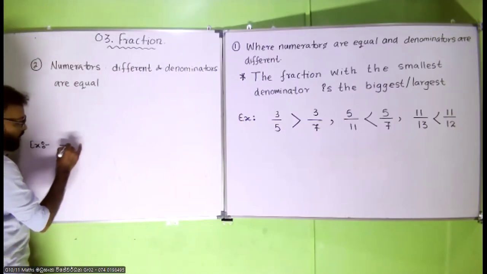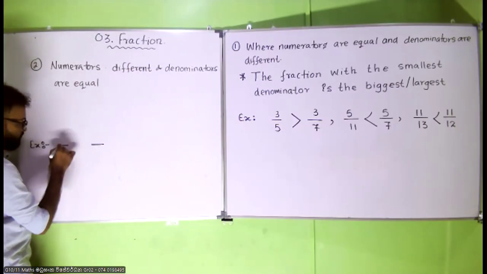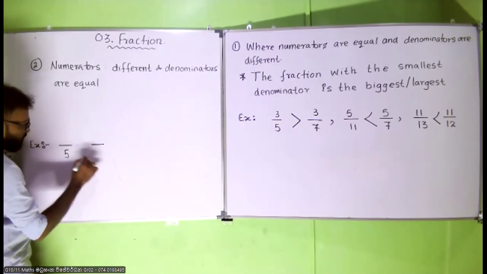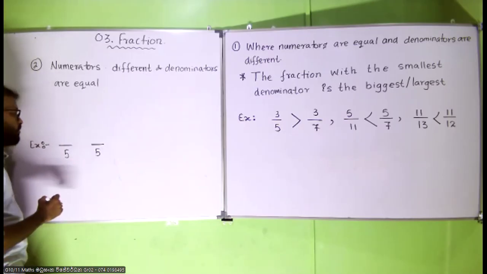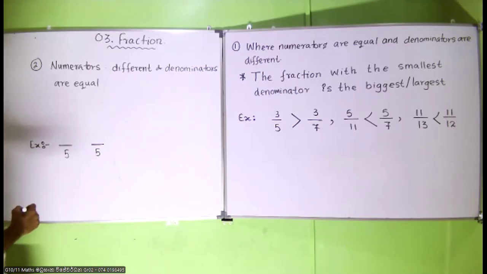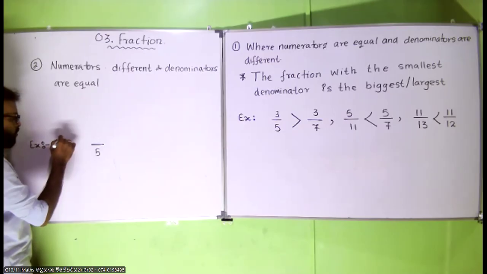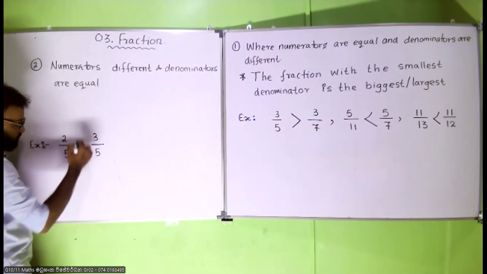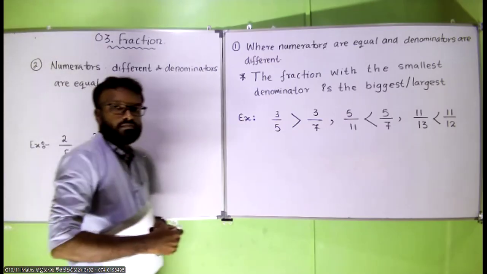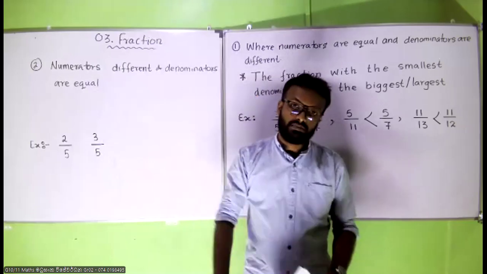First of all, I will write the denominators: 5 and 5. Different numerators, so I will take 2 and 3. This one is very easy.